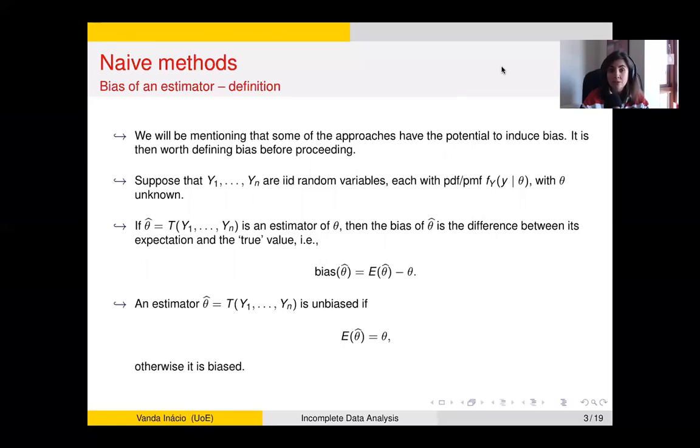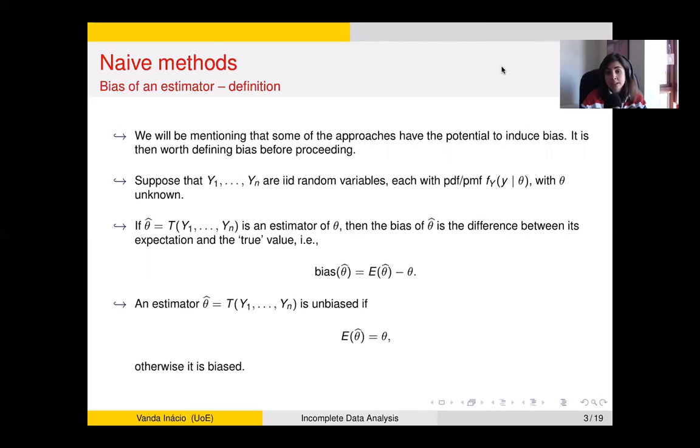To do that, suppose that we have Y1 up to Yn independently and identically distributed random variables, each of them with probability density function or probability mass function, depending on whether they are continuous or discrete, given by f, which is parameterized by some parameter theta that is unknown and that we want to estimate from our data.